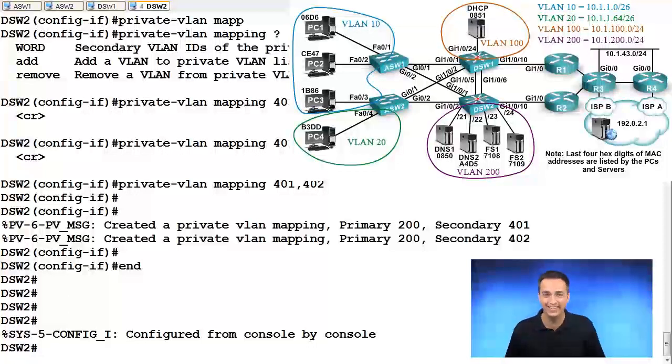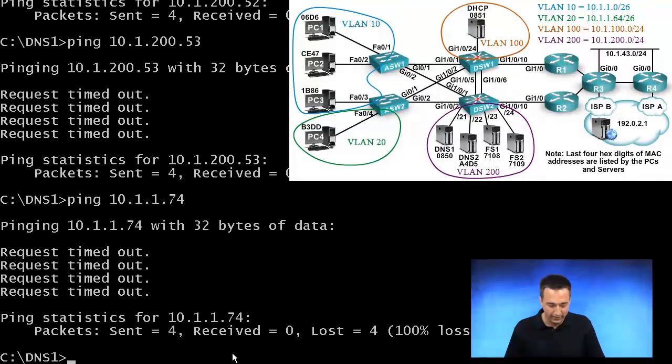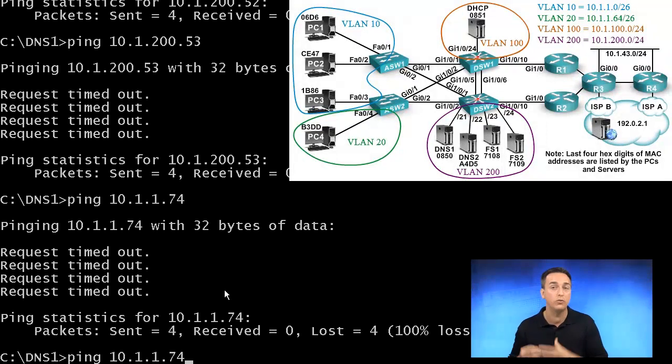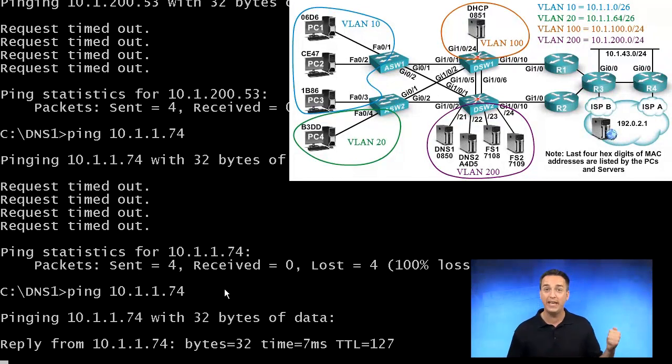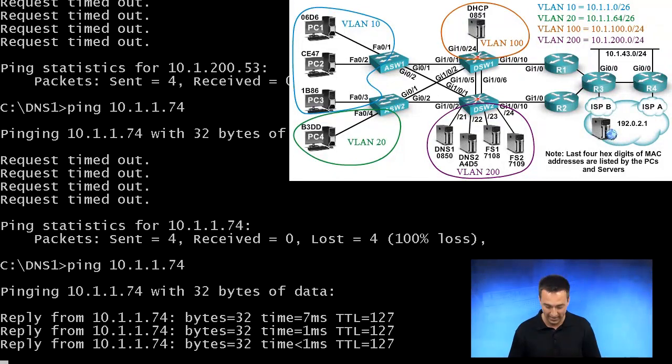Let's make sure it works. If everything is correct now, we should be able to communicate with PC4. Why? Because the promiscuous port is interface VLAN 200. Interface VLAN 200 can route for us. Therefore, we should be able to communicate with PC4, and we can.